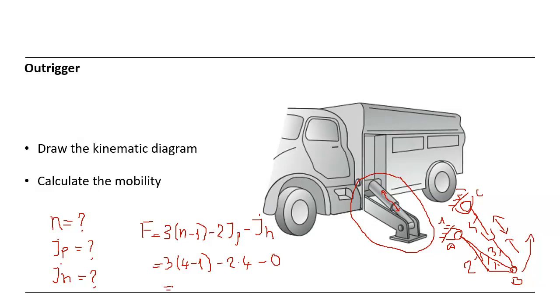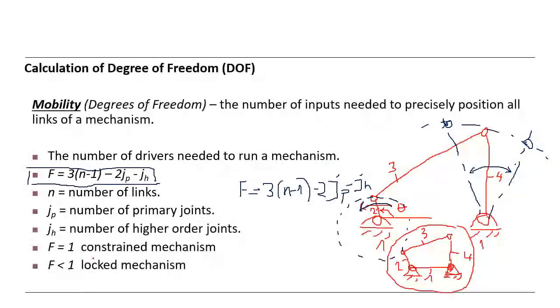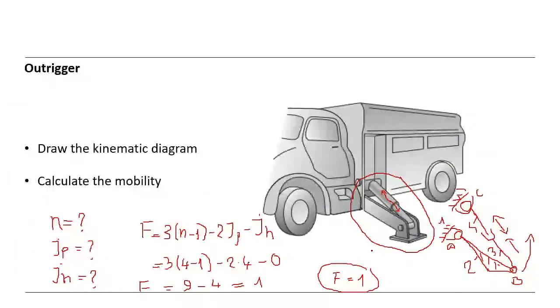So then it is 9 minus 8, so it is equal to 1. That means F is equal to 1. So if F is equal to 1, 1 degree of freedom, that means it is a constrained mechanism, it moves.